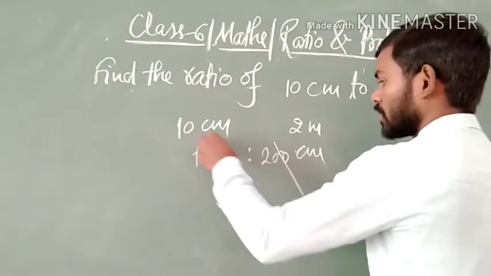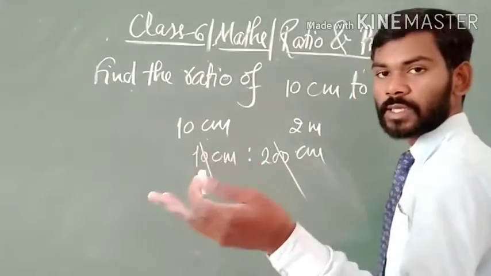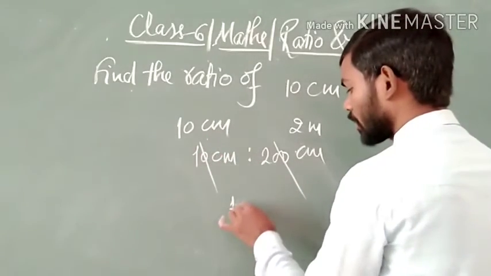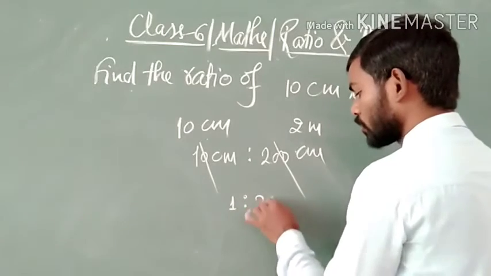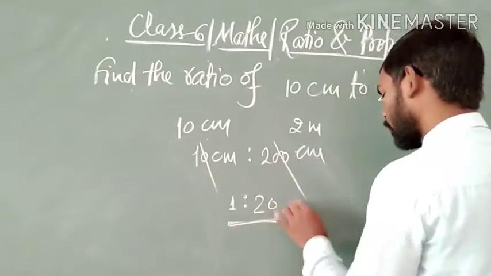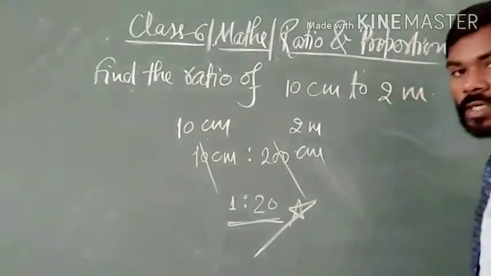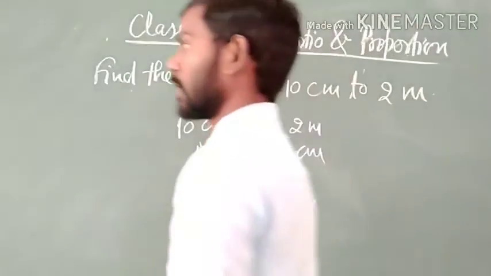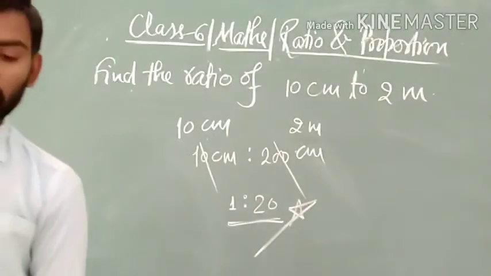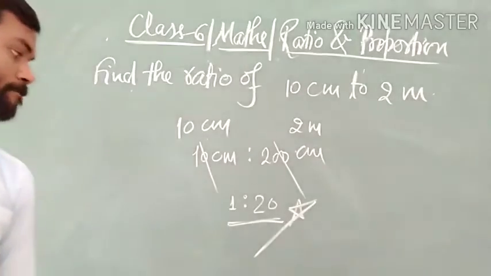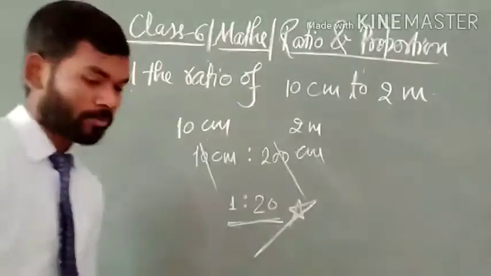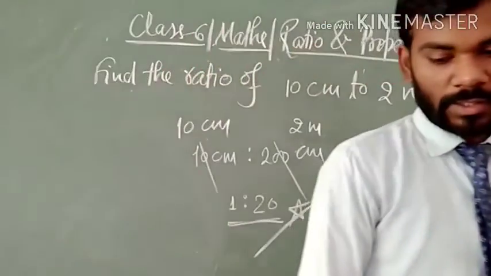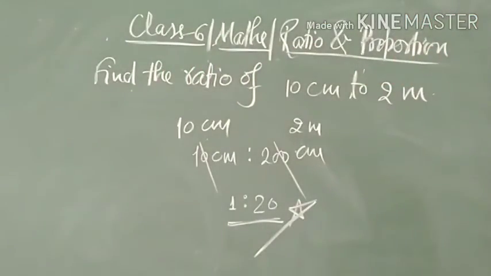Now here 10 and 10 cancel out and we get the ratio 1 is to 20. Therefore 1 is to 20 is the correct answer.